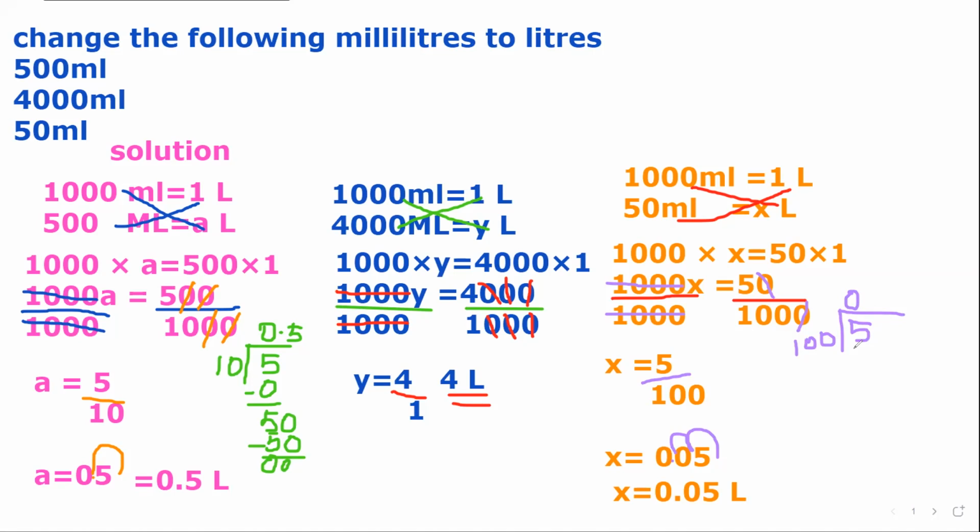So 0 times 100 will give you what? 0. And then when you subtract, the remainder is what? 5. Okay, good. Now, because this one is the remainder that will be added to the next item to share, and because there's nothing to drop down here, you call for a point. The point will be added 0 to this one, making it sufficient.